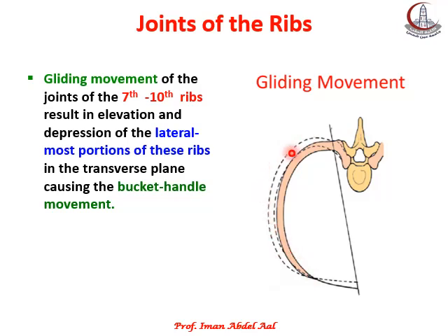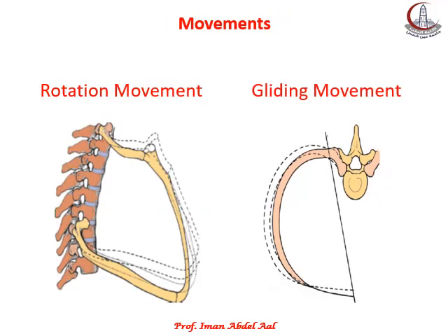Also, it goes up and down. So this movement is called gliding movement. This picture shows the rotation movement for the upper 6 ribs, and this is the gliding movement. It occurs at the lateral side of the rib.